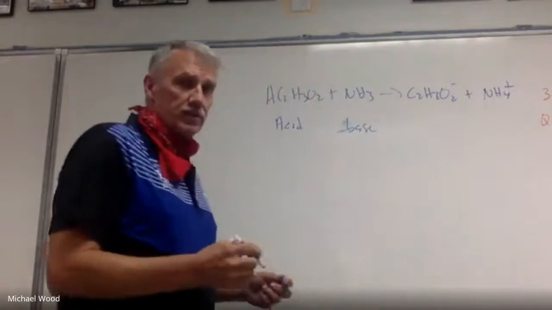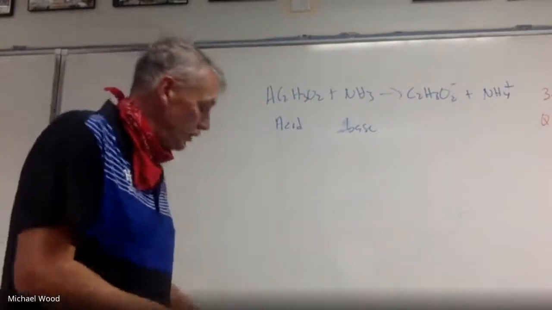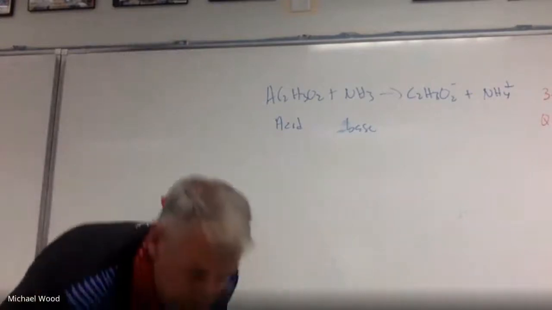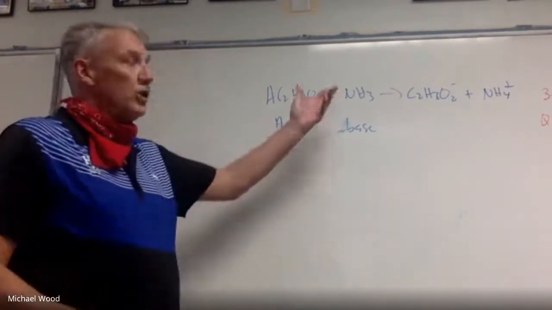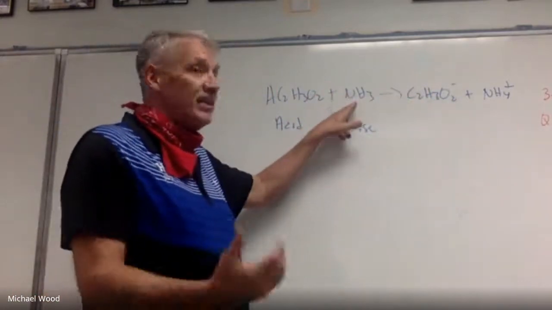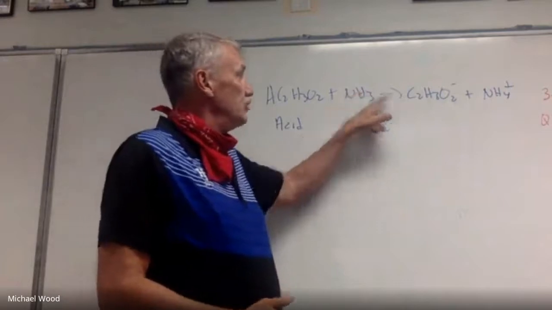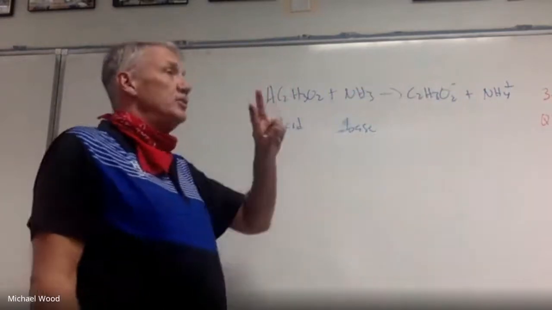To identify these, acids always start with an H. The bases could end in OH, but if you have the whole reaction, you can see the base gains an H. So it goes from NH3 to NH4. So acids lose an H, and bases can do two things.